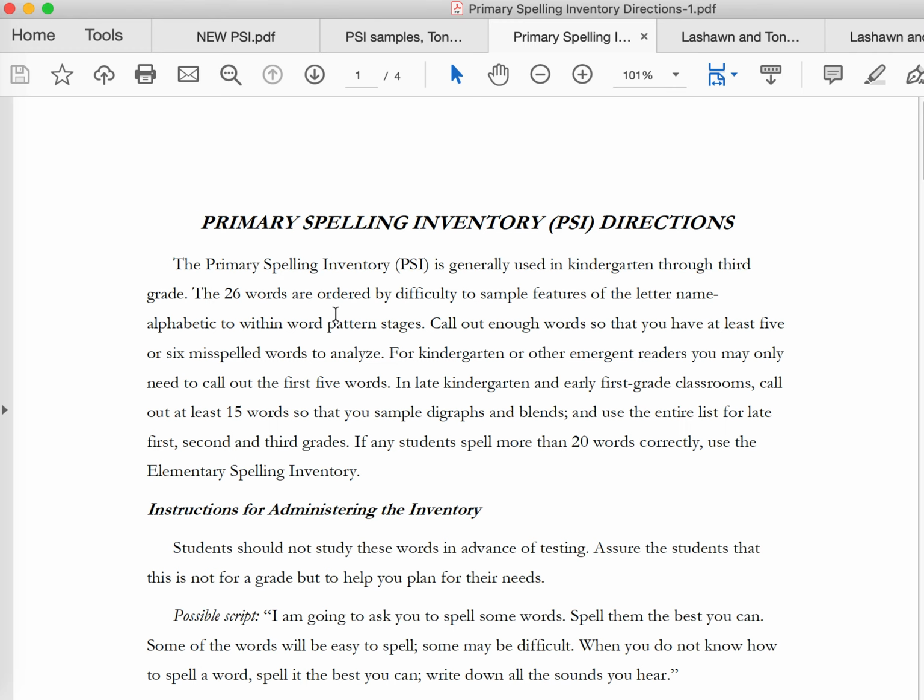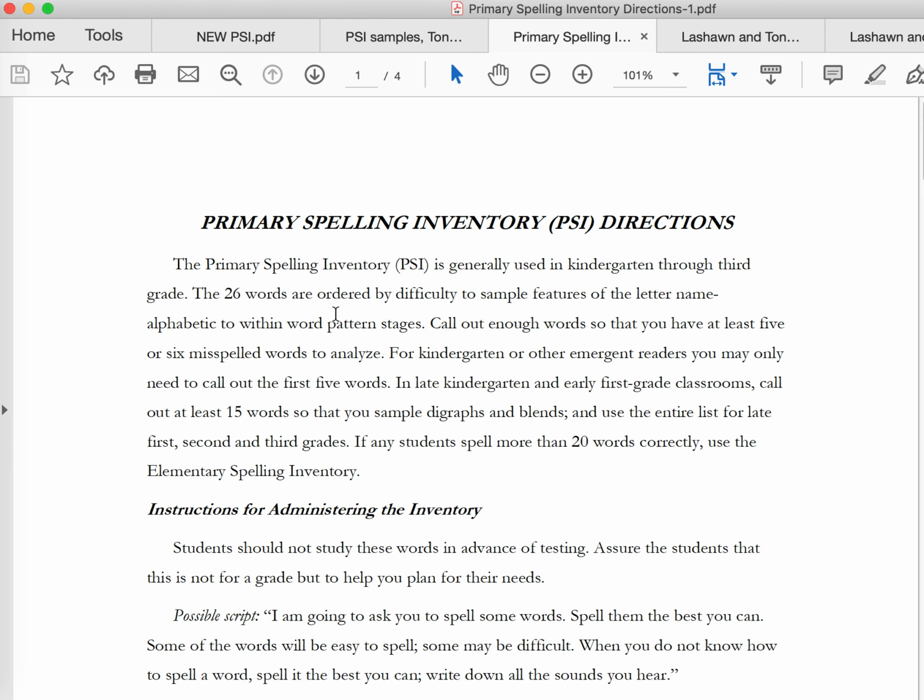The key is to identify what students are ready to learn next, and then plan for instruction to begin with word study activities that are appropriate for their stage of spelling development. By doing this, you will be setting up your students to succeed as word learners, readers, spellers, and writers.